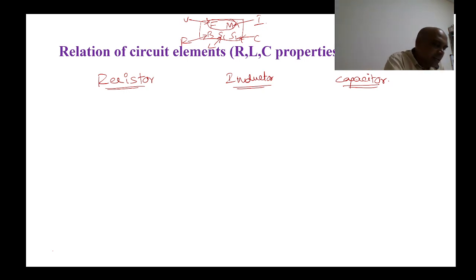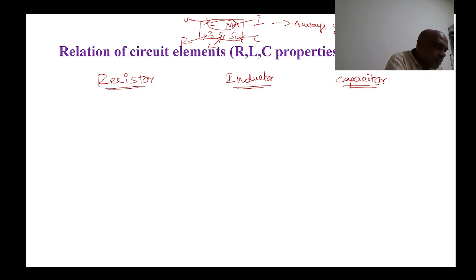Similarly, here voltage and current are the sources. They always deliver energy to the outside.